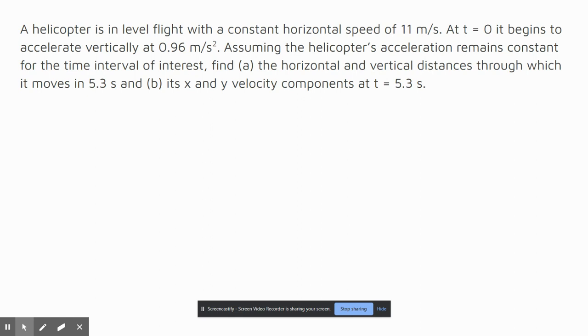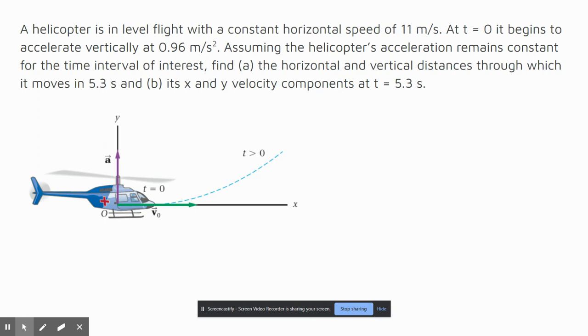Before we can do any of that, we need an image, a diagram. I'm not very good at drawing diagrams, so I just use the ones from the book so that there's not much confusion surrounding what this is supposed to look like. And you'll notice that we've assigned the XY coordinate system in the way that makes the most sense, with the helicopter traveling in the positive X direction and positive Y direction.